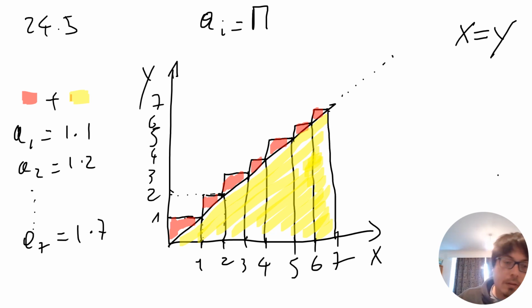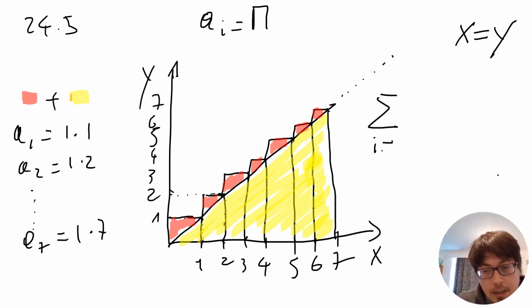I'm not doing the multiplication, but basically we are summing, we need to sum all the Ai, i equals 1 to 7. But these Ai, if you see from here, are just the first 7 integers, so I can cancel this Ai, and this is the label for the integer that I'm using, the sum of the first 7 integers.